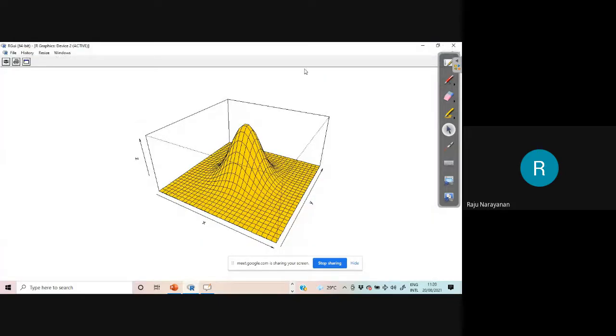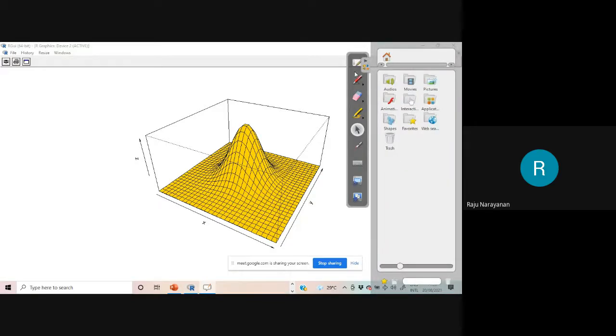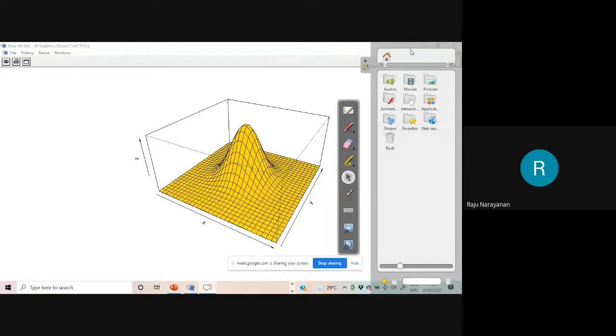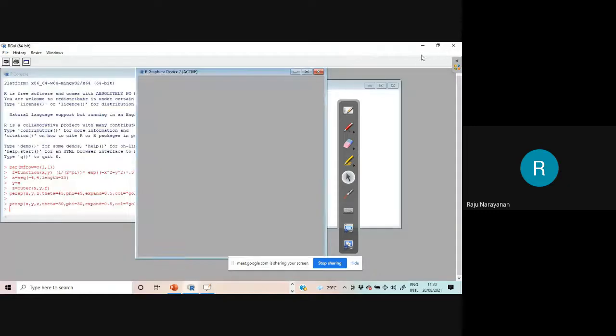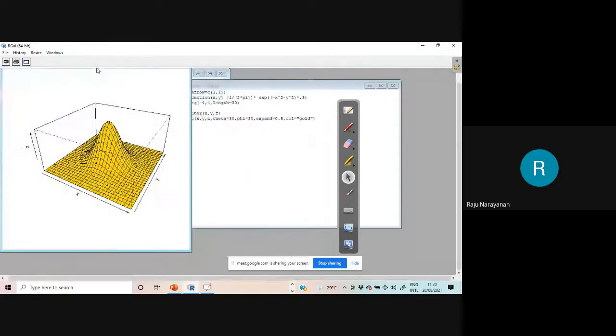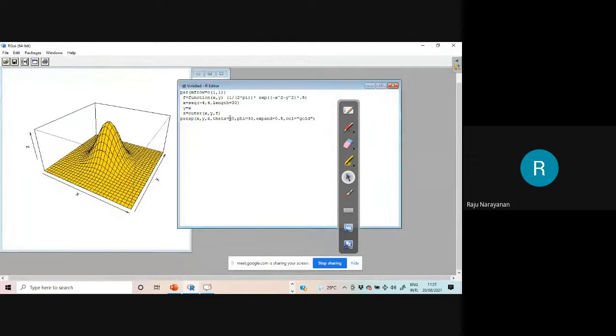I have to minimize that one. Now, if you change this angle to 60-60, you will get another view, that is data visualization.